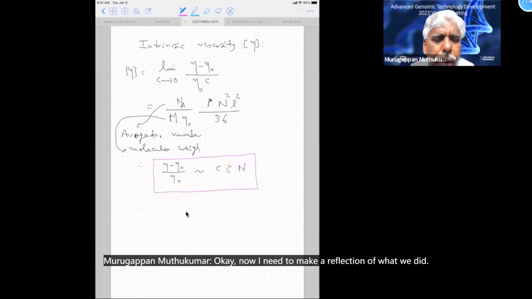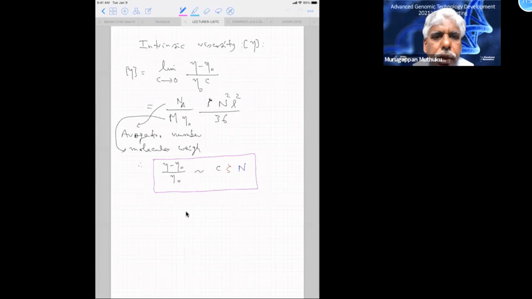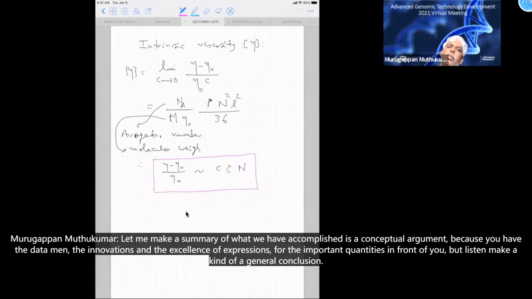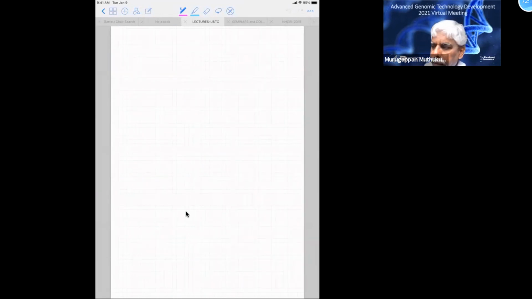Okay, now I need to reflect on what we did. Let me make a summary of what we have accomplished. This is a conceptual argument, because you have the derivations and the explicit expressions for the important quantities in front of you. But let's make a kind of general conclusion.